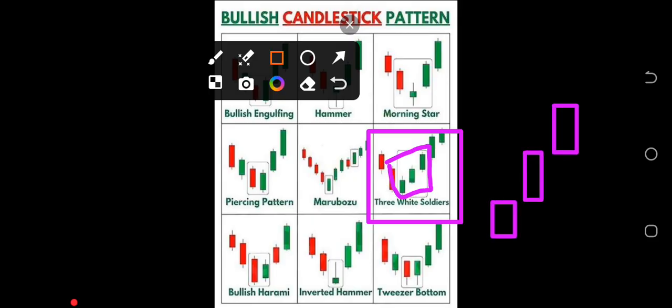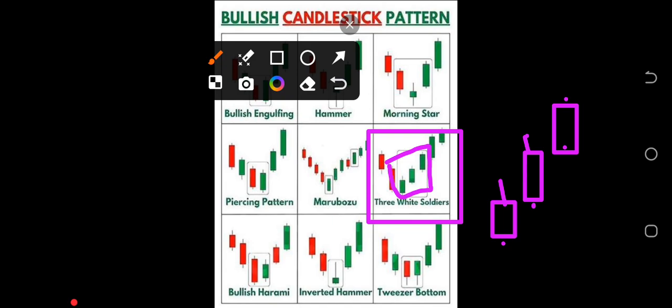So if you see this type of candlestick, these are three white soldiers, especially if they are Marubozu candlesticks. But like I told you, sometimes they may have small tiny wicks. I'm just using my hand to draw, that's why the wicks are appearing too long, but the wicks are supposed to appear very small, like dots, as you can see in the original image.